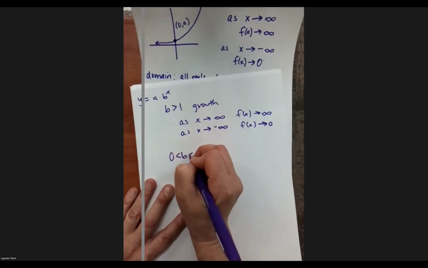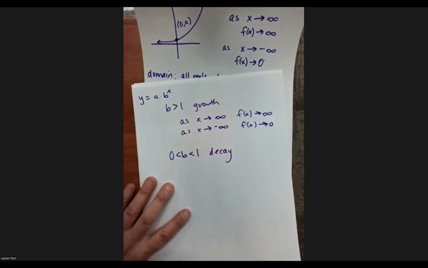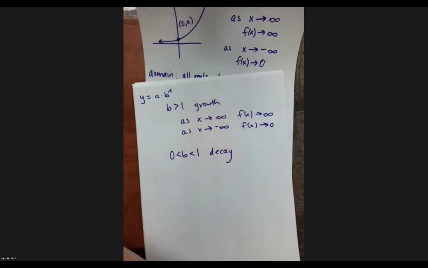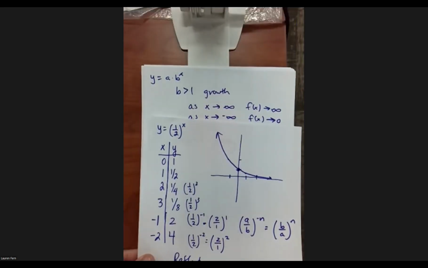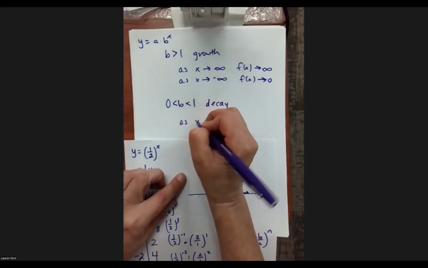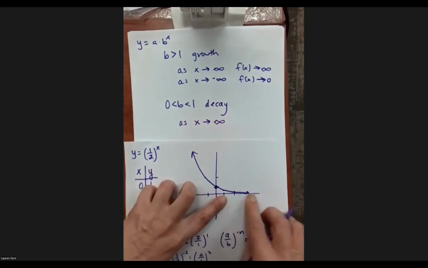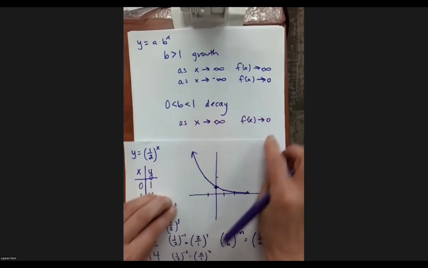On the other hand, if we have decay, we saw what happens with our graph there. What happened to our graph? Well, as x gets really large, aren't our function values going to 0?